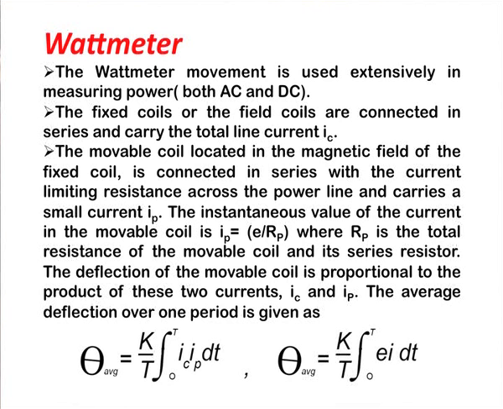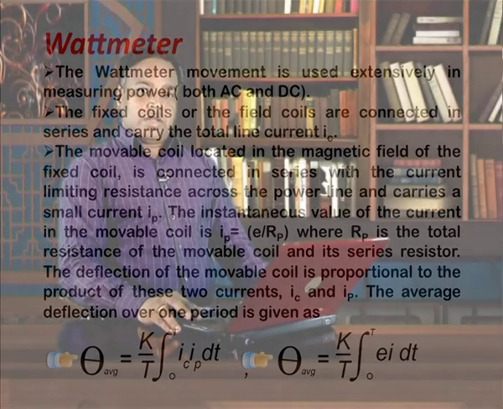So, the deflection is proportional to the integral of IC IP, and this can be modified as the deflection being proportional to the product of E and I, E being the voltage of the input signal and I being the current from the input signal. So, the product of E and I will give us the power.